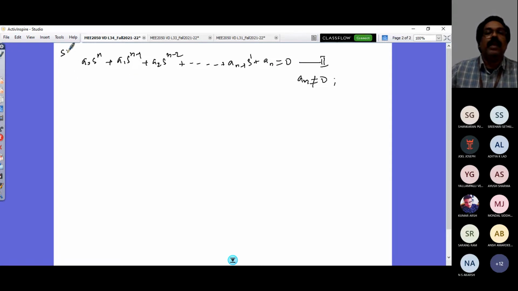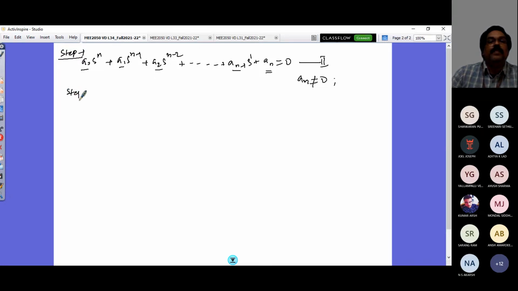You can say this is step number 1. When you look at this polynomial, you see that this is not equal to 0, and that's step number 1. So what is step number 2? In step number 2, you have to look at whether these coefficients are all positive. And if they are all positive, you can comment on the absolute stability of the system.